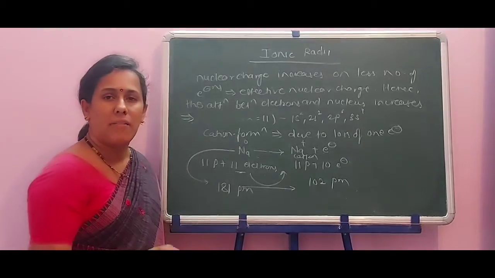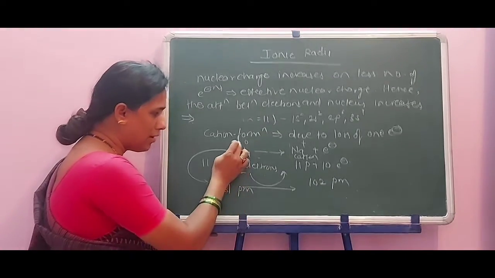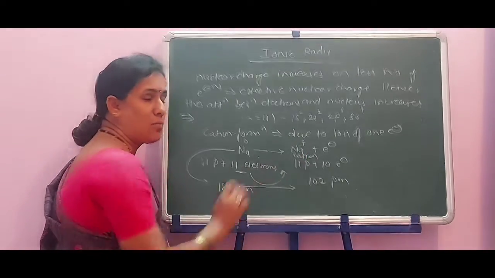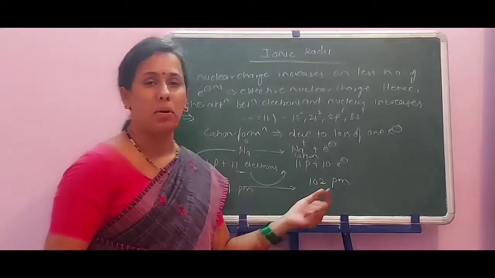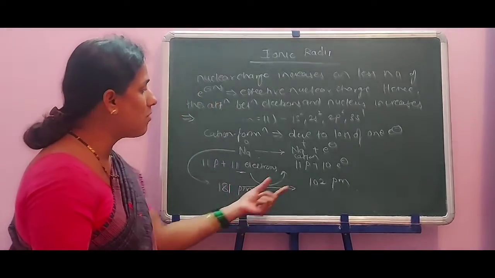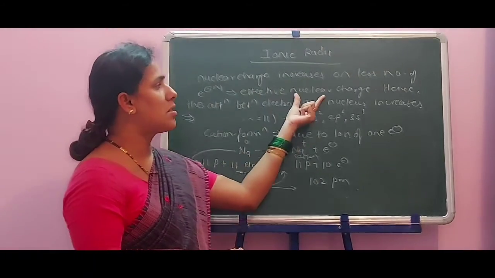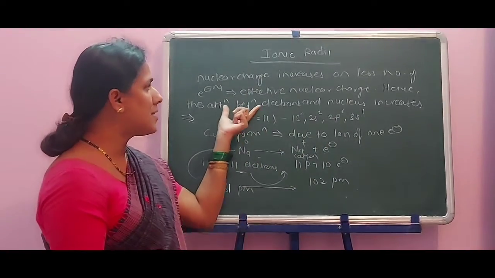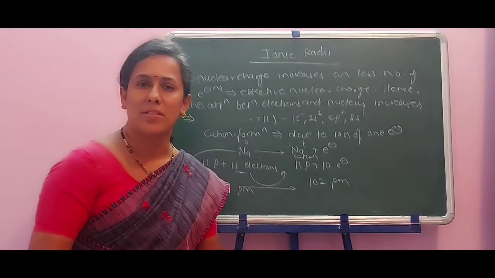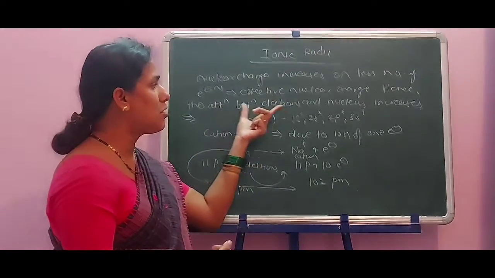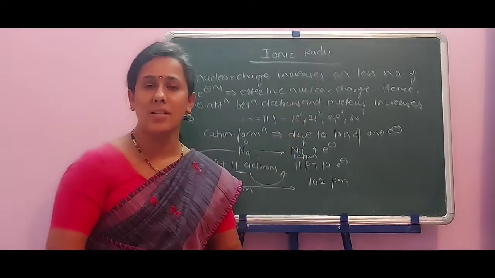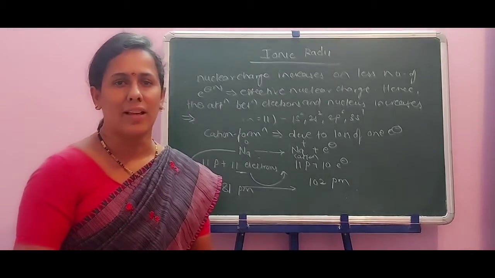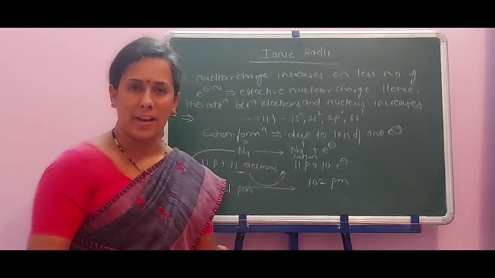The ionic radius is 181 picometer in metallic state, while in cationic form it is 102 picometer. This happens because due to loss of electrons, the nuclear charge per electron increases. As a result, the effective nuclear charge on the electrons increases, and thus the attraction between the electrons and the positive charge increases. That's why the radius of a cation is smaller than that of an anion.